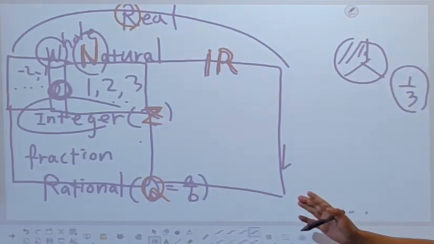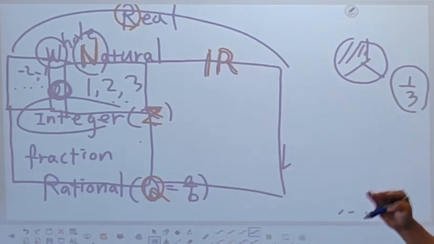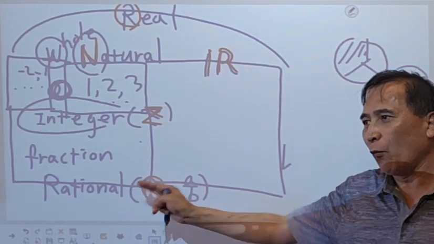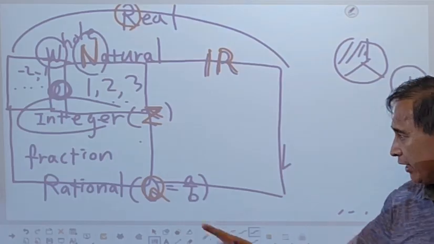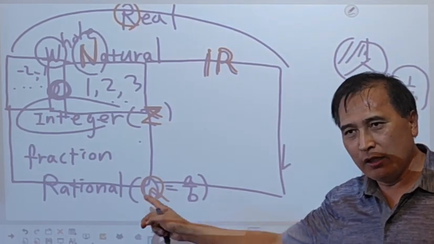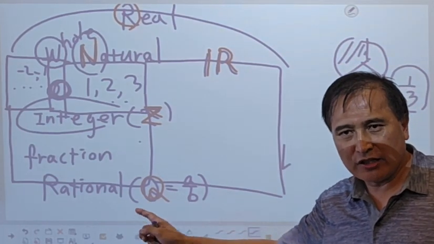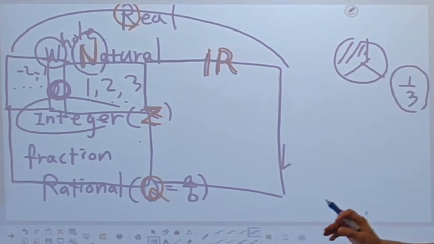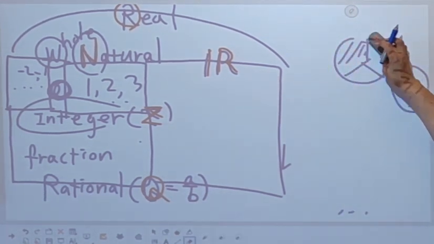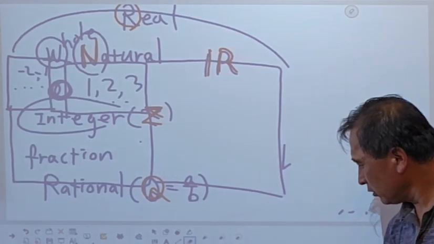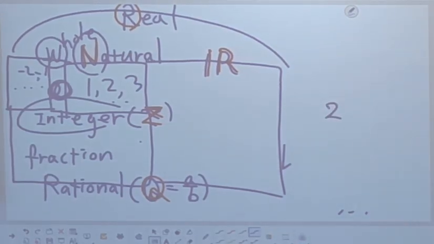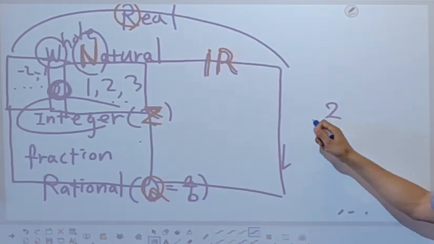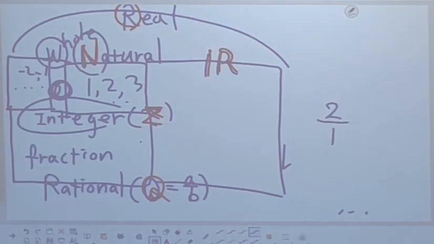But any number you can write in a over b form, we call a rational number. And for rational numbers you use Q, okay? You can say quotient, division, right? And so 2 is a rational number. A rational number is one you can express in a over b form. Yes, because you can think of the denominator as 1.